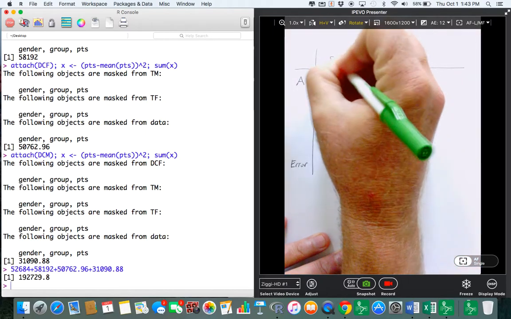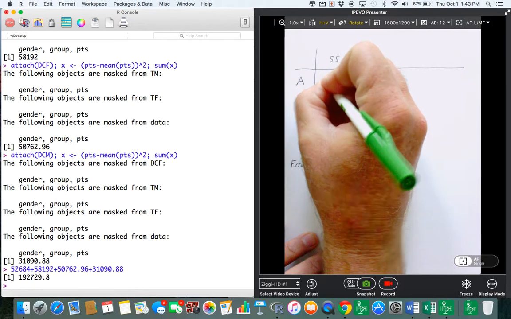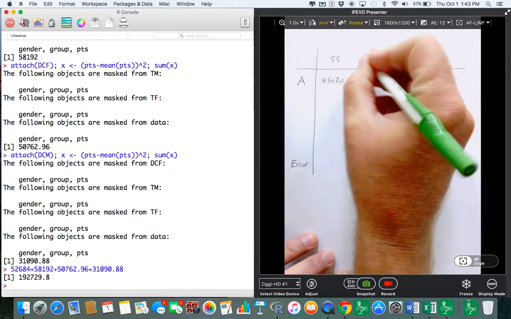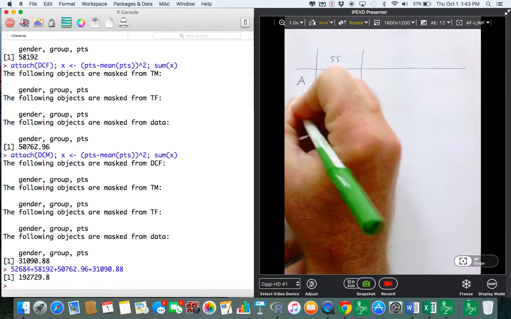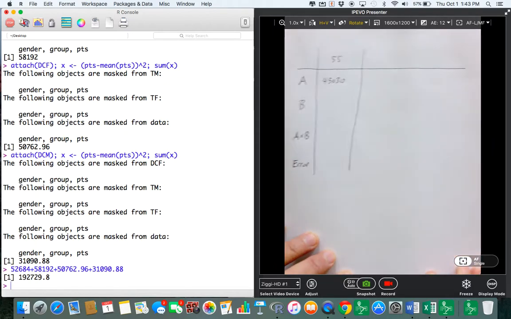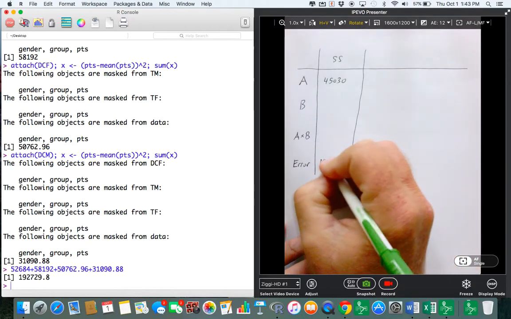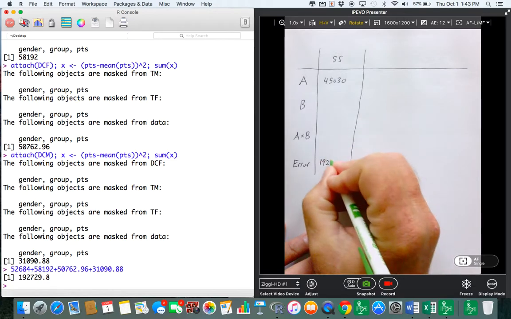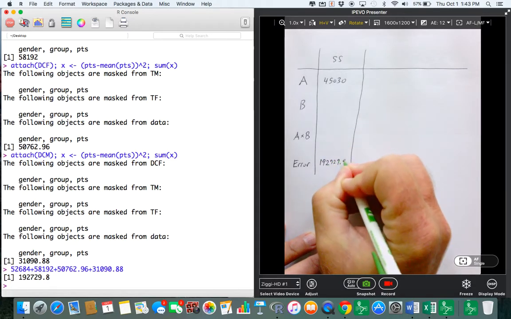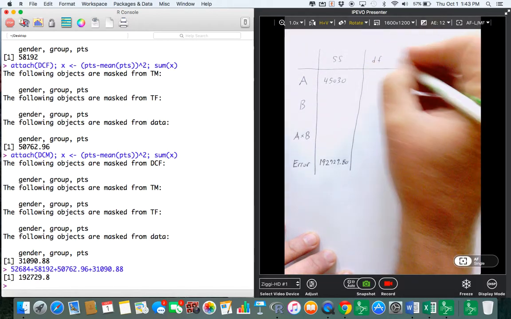So I know I have a sum of squares for A of 45,030. And of course I could do this for B and A cross B. And my error term was 192,729.80.